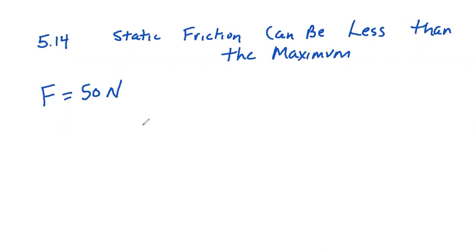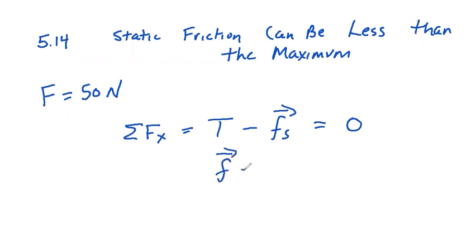So we have the sum of the forces in the x equals the tension in the cable minus the force of static friction, and that's going to be equal to 0. The tension in the cable is 50, so the force of static friction equals 50 newtons.